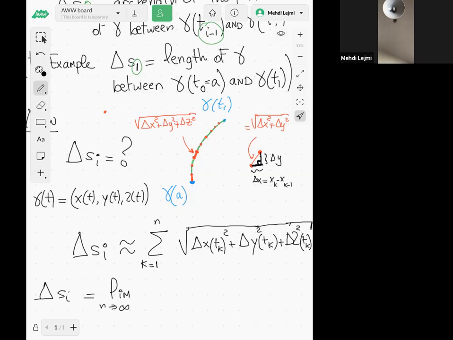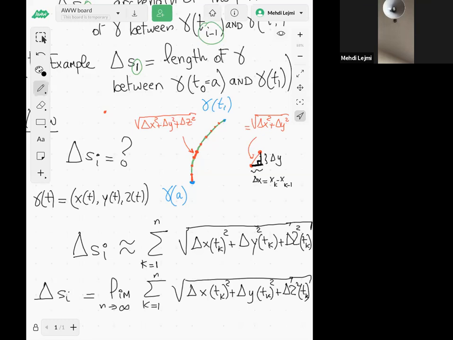When n goes to infinity, that will be exactly equal to your arc length. So we have the sum over k of this square root of delta x, delta y, and delta z squared. This is just the Pythagorean theorem.